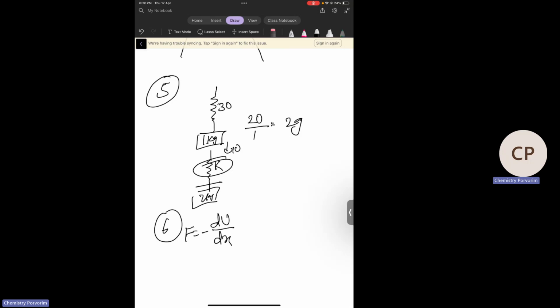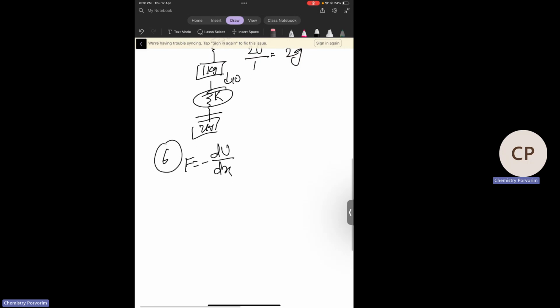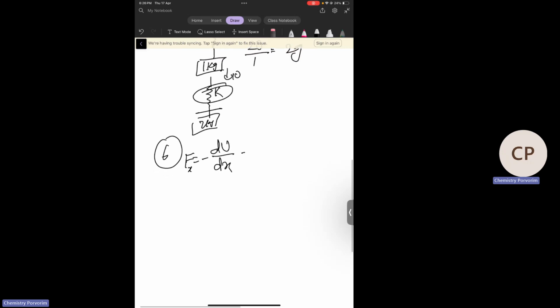Okay, du by dx. F is equal to minus du by dx in x direction. Slope of this line is 32 by 2, 16. Force is 16. Mass is 2 kg. So acceleration is 8 meter per second square. So speed v is equal to u plus at.